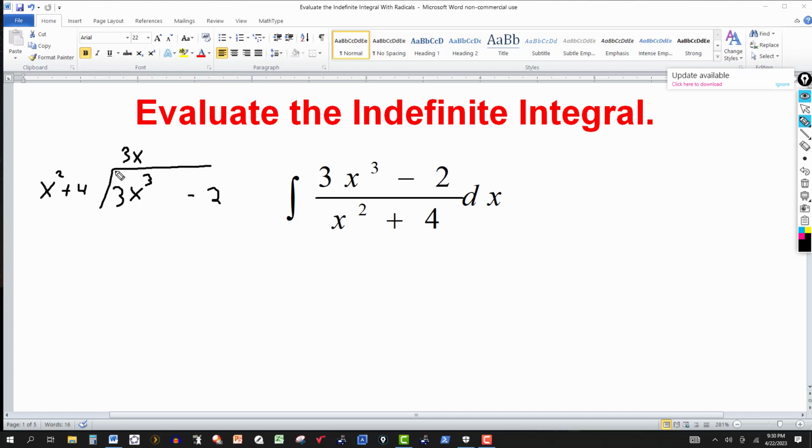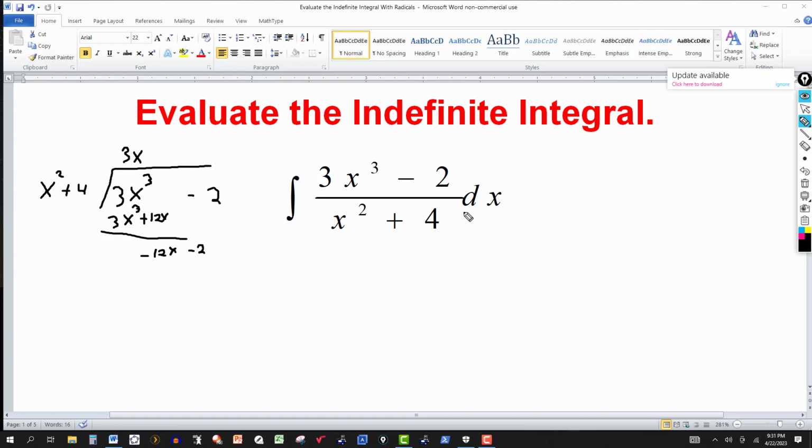This will give me 3x times x squared is 3x cubed, and 3x times 4 is 12x. Then we subtract here. 3x cubed minus 3x cubed cancels. And then it's 0 minus 12x is minus 12x. Then minus 2, minus 0 is minus 2.